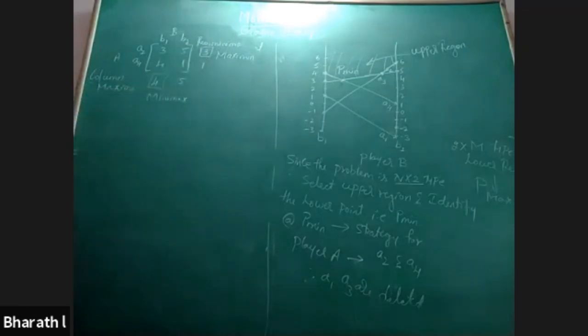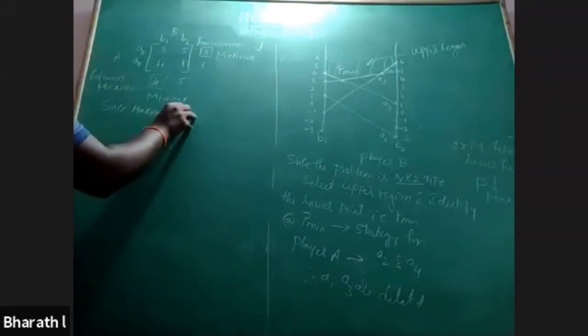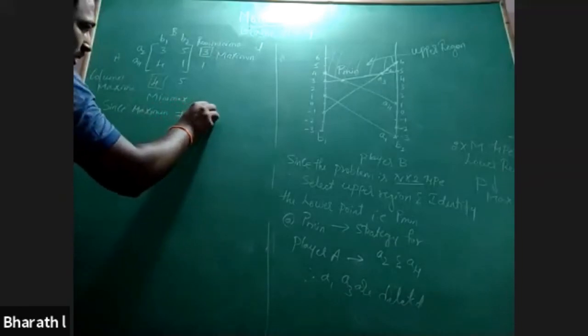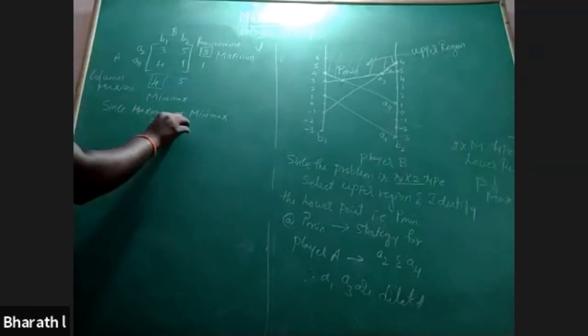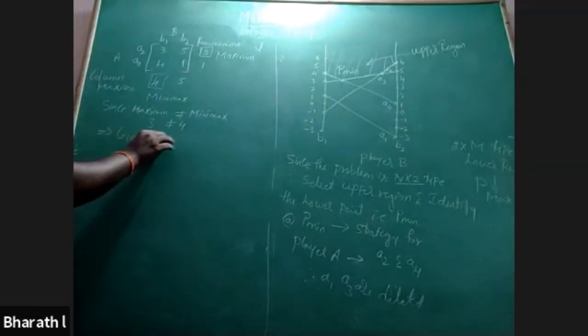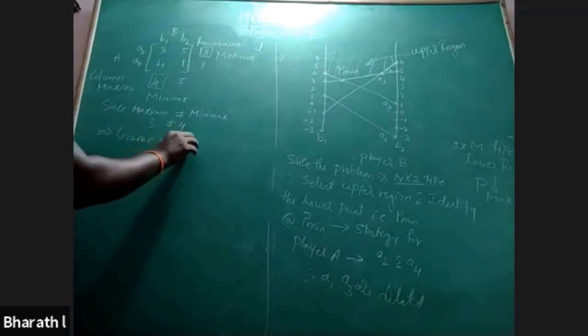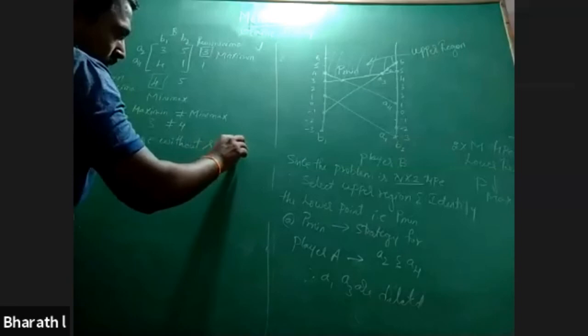The rest of the procedure will remain the same. Since maximin is not equal to minimax, that is 3 is not equal to 4, this indicates a game without saddle point.